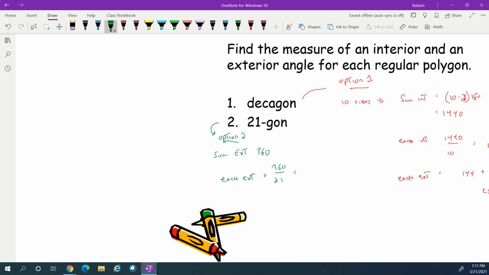So 360 divided by 21 is 17, let's see, 0.14, so we'll go with 0.1. And then for each interior, well, the interior plus the exterior, 17.1, equals 180. So that means the interior is 162.9 degrees.